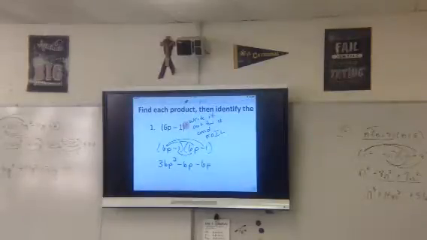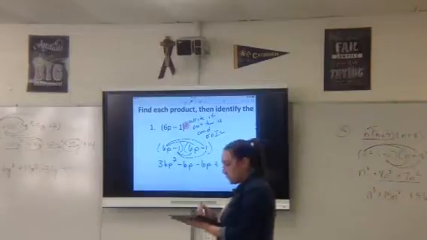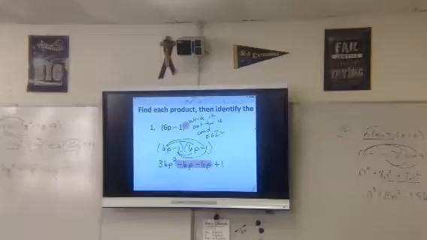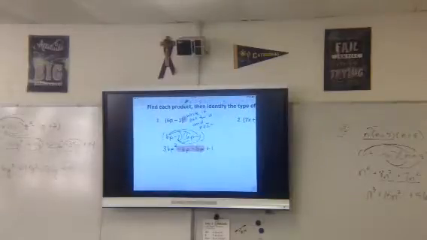Julian R, negative 1 times negative 1. Positive 1. Good. Okay, Toby, anything we can combine here? The negative 6p. What would you get when you do that? Negative 12p. Very good. So we get 36p squared minus 12p plus 1. And that's your answer.